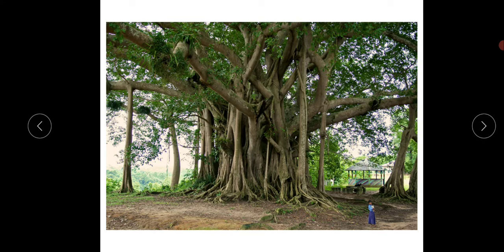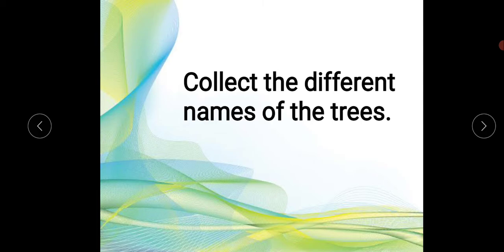Yes, children. Now, what is your homework? You should name some more, three plants or five trees. Okay. Look, I have shown you a banyan tree, right? Now, you have to collect some more different names of trees. Okay. You should not say coconut and peepal tree.